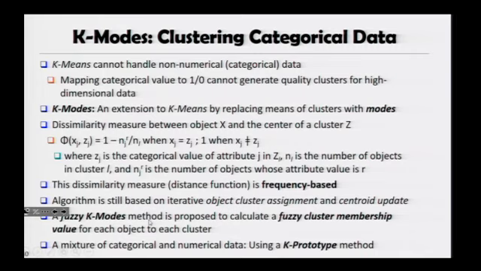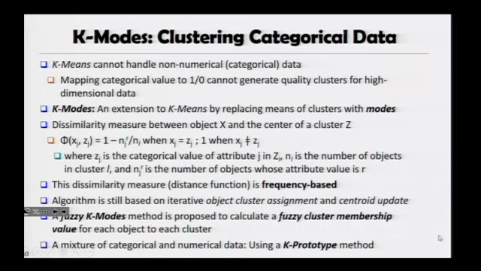We assign data points to the nearest cluster, and then we compute the center of each cluster by taking the average or whatever other way you can define. You can see this measure is frequency-based, because you are checking the number of objects in the cluster sharing the same attribute value.